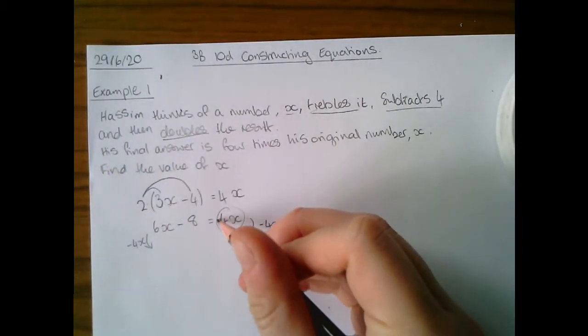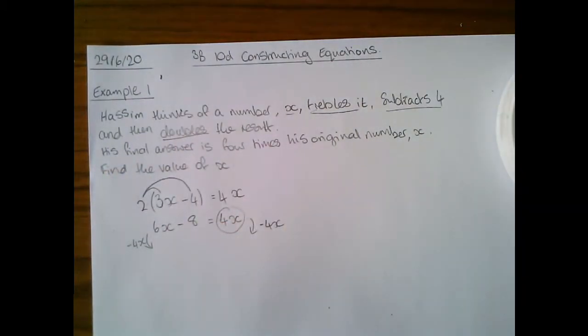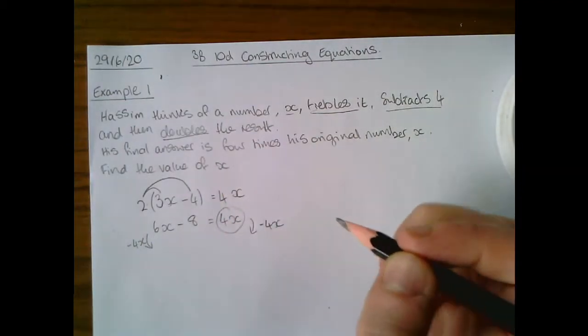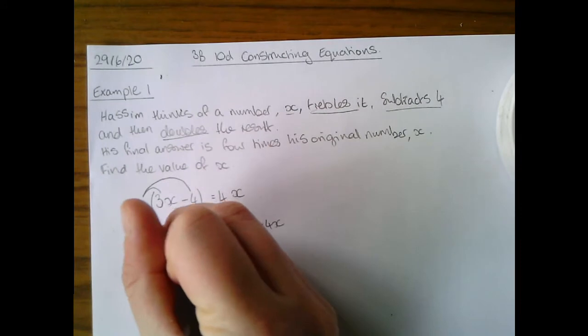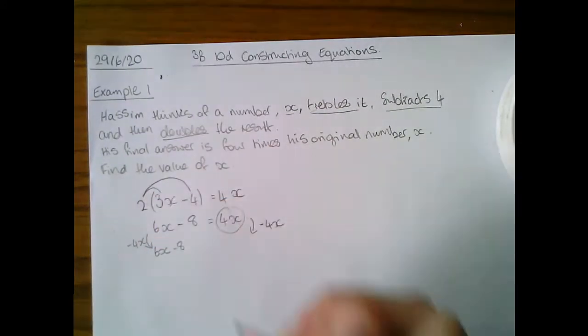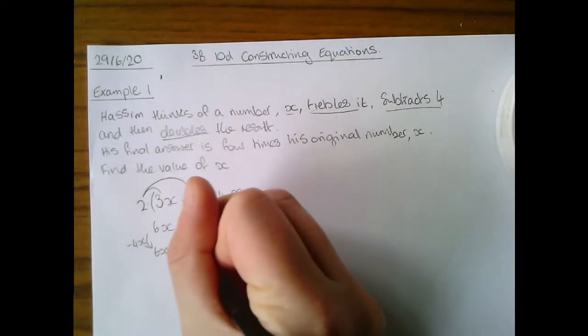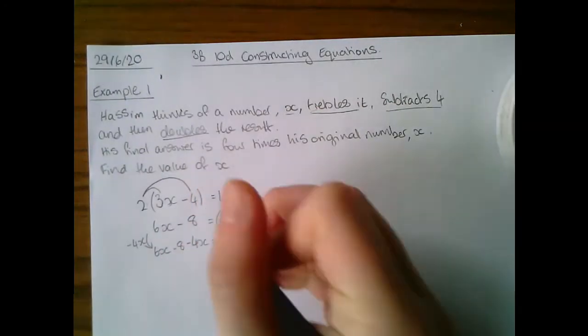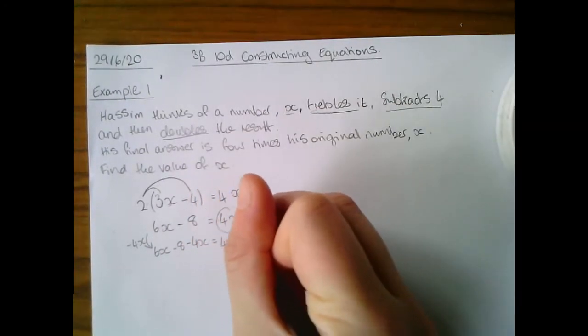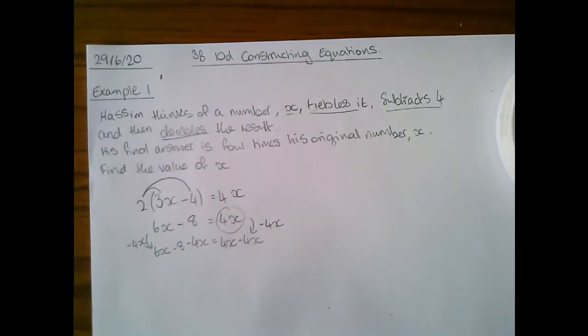Although this doesn't have an addition sign in front of it, it's still positive. If we subtract that, it's going to get rid of that on this side. So we end up with 6x subtract 8 on that side, subtract 4x, is equal to 4x subtract 4x. Nothing else on that side.